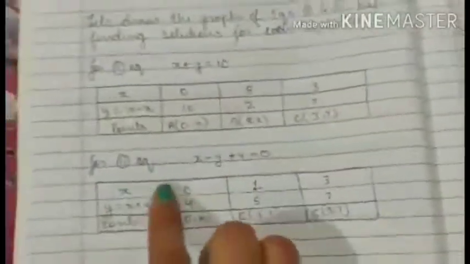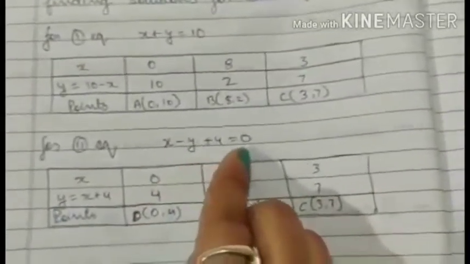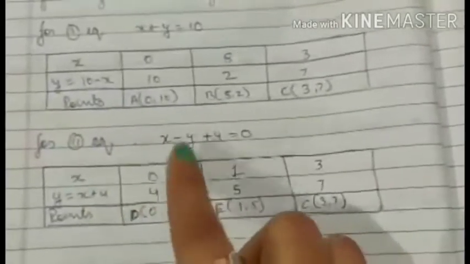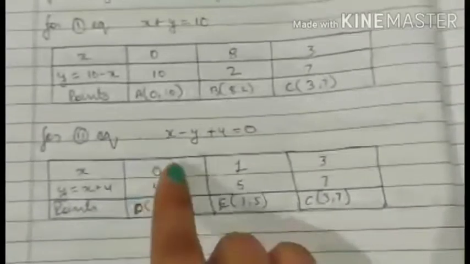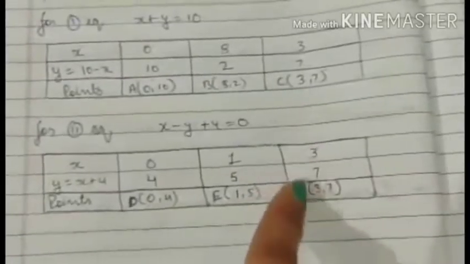Now for equation second, x minus y plus 4 equals 0. For this also we'll use trial and error method to get the values of x and y. If you put x equals 0, y is 4, x equals 1, y is 5. Similarly, when x is 3, y is 7.